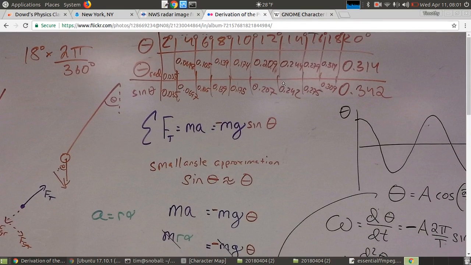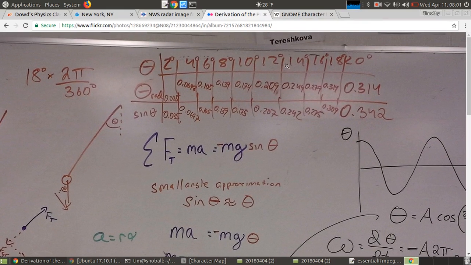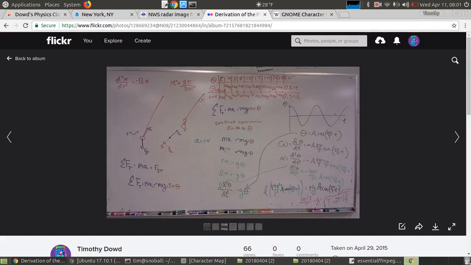So when we take the small angle approximation, we actually can say sine theta and theta are the same thing. So that gets us to this point. ma equals minus mg theta. Obviously mass cancels out. And that's going to have pretty serious implications later on, that mass doesn't matter.